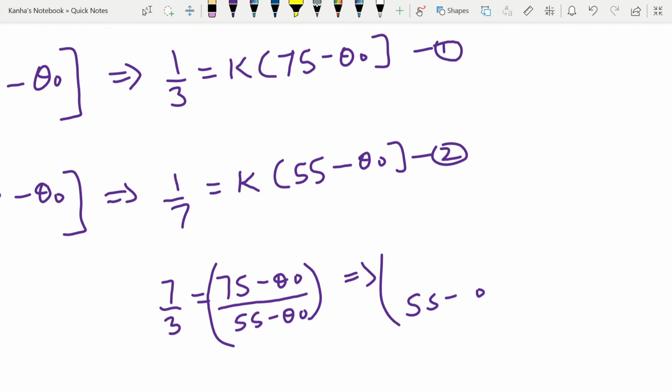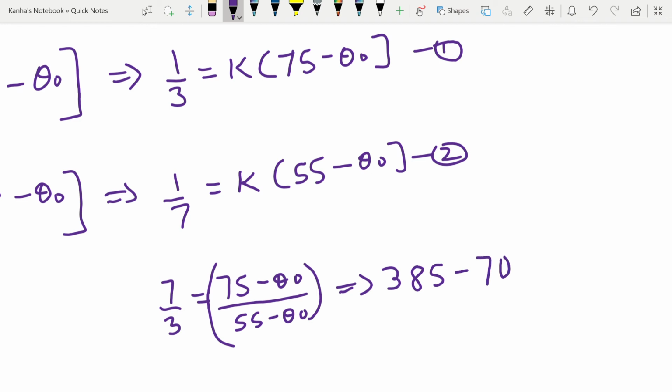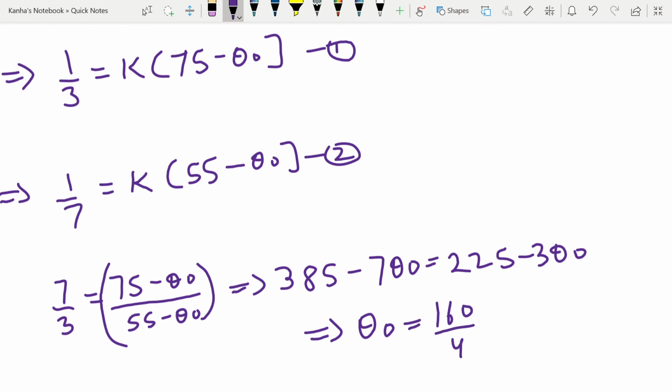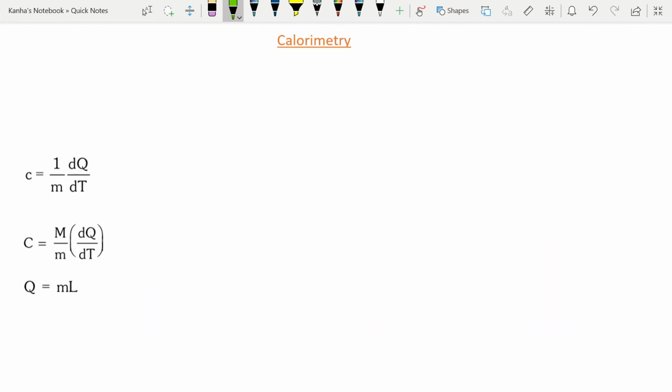I can simplify this by cross multiplying, and I'll get 385 minus 7 theta naught is equal to 75 into 3, which is 225, minus 3 theta naught. That will give me theta naught is nothing but 160 by 4, which is equal to 40 degrees Celsius. So my room temperature is nothing but 40 degrees Celsius.